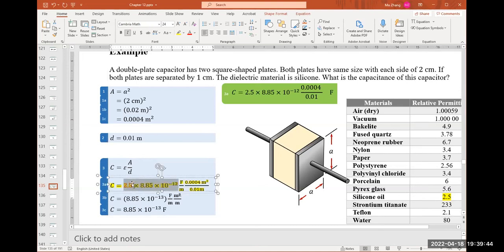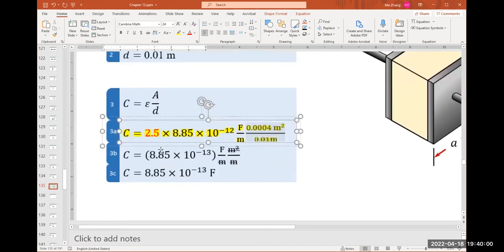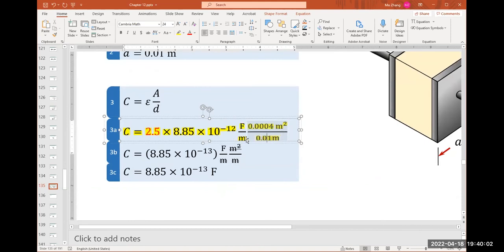Together that is called the absolute permittivity for silicon oil. Multiply by the area we calculated, divided by the separation distance d, and the rest of the work is just entering these numbers into the calculator.